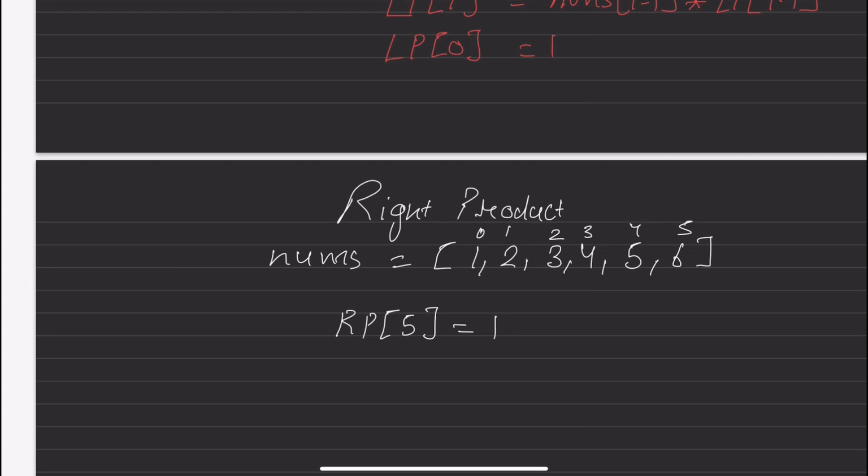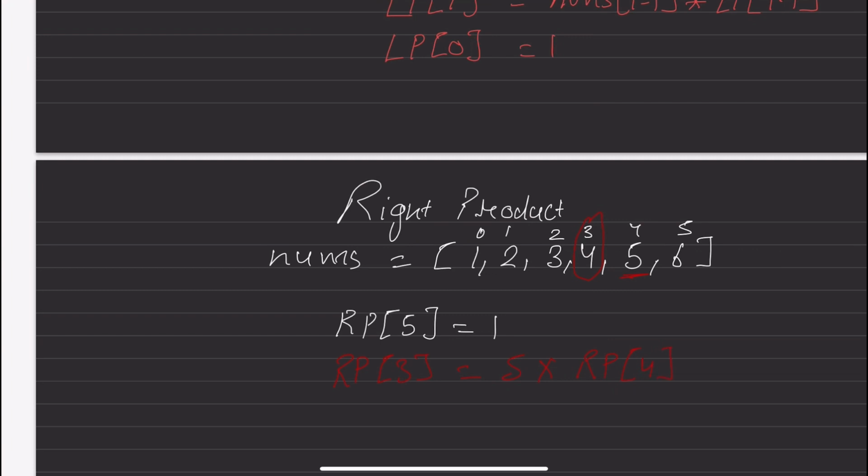Now if we want to find the right product of index 3, that is the product of all the elements to the right of index 3, that is RP3, then we know it is 5 multiplied by the right product at index 4.